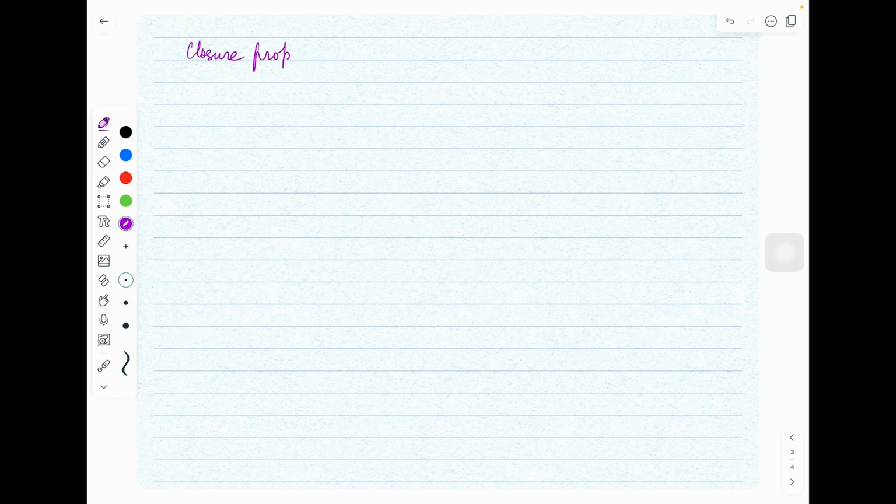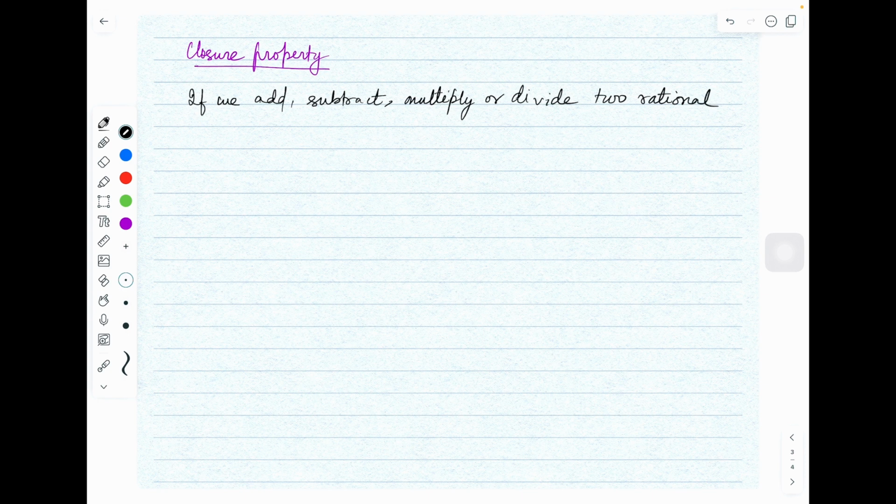It states that if we add, subtract, multiply or divide two rational numbers, the resultant number will also be rational.